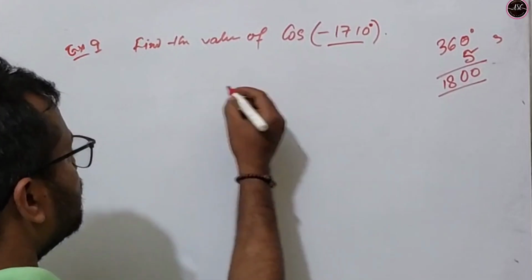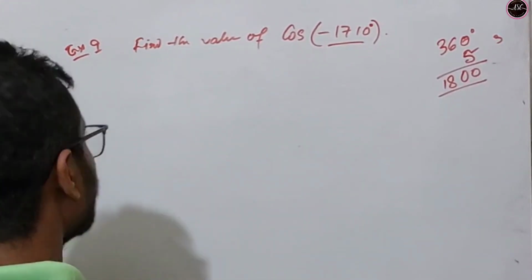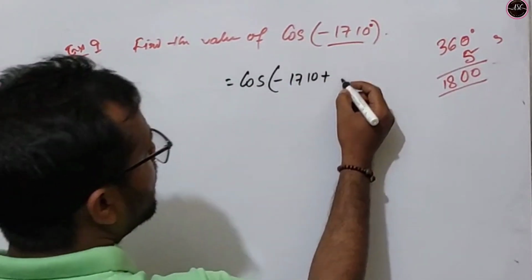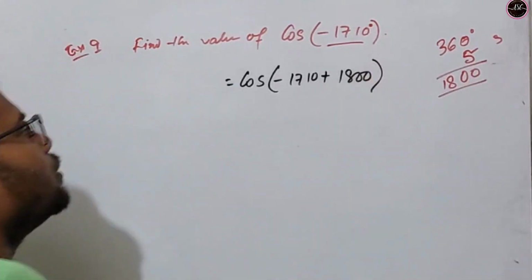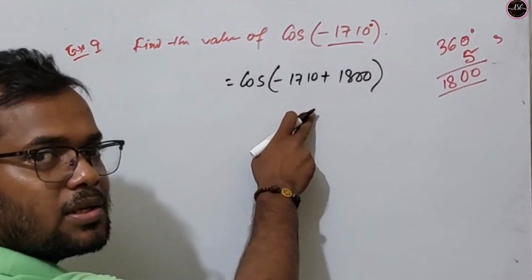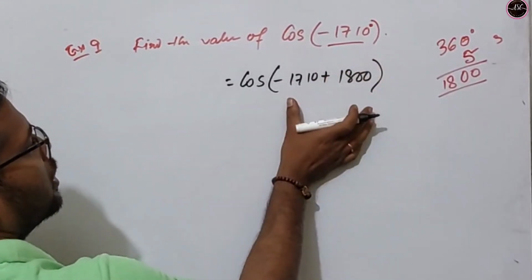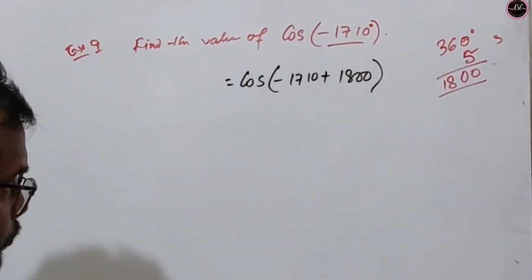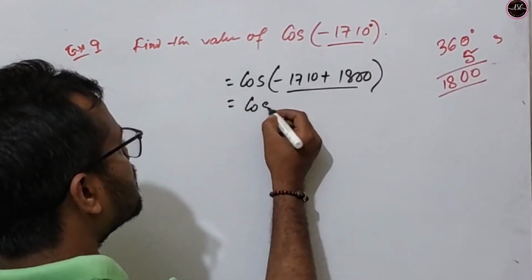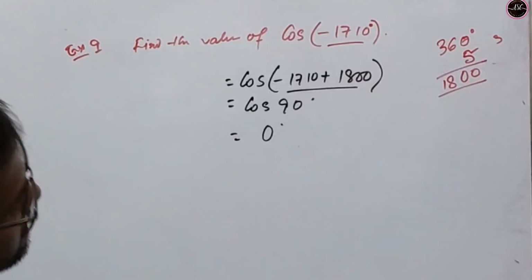So if we write this as cos(-1710 + 1800), this is in the 2πn form. So it can be written in this form. Here just simplify this, we can get cos 90 degree. What is the value of cos 90? 0.